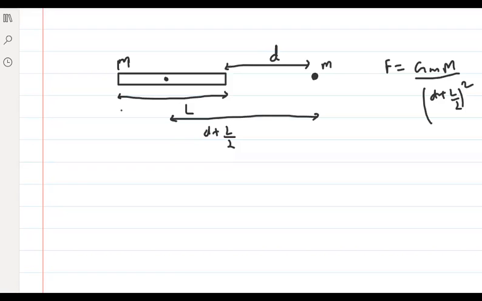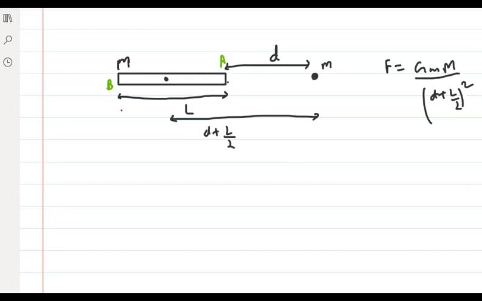Now, think. We know that it is the inverse square law. Force on this point and force on this point, will it be the same? Suppose this is point A and this is point B. Force on point A and point B, will it be the same?